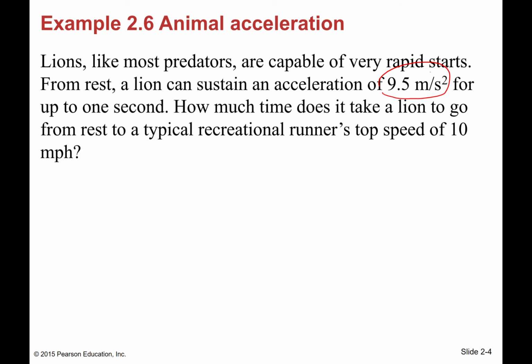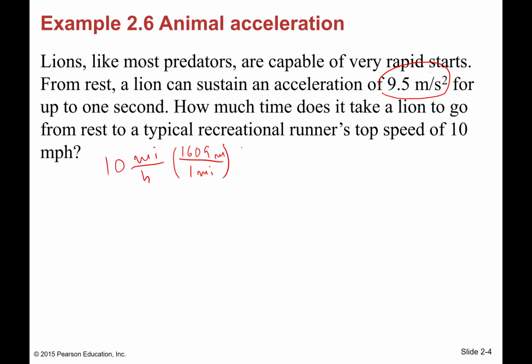First we need to change this 10 miles per hour to meters per second. To change that, we are going to multiply by 1. We want to get rid of the miles, so we want 1 mile downstairs, and upstairs we want meters, so we want 1609 meters because there are 1609 meters in 1 mile.